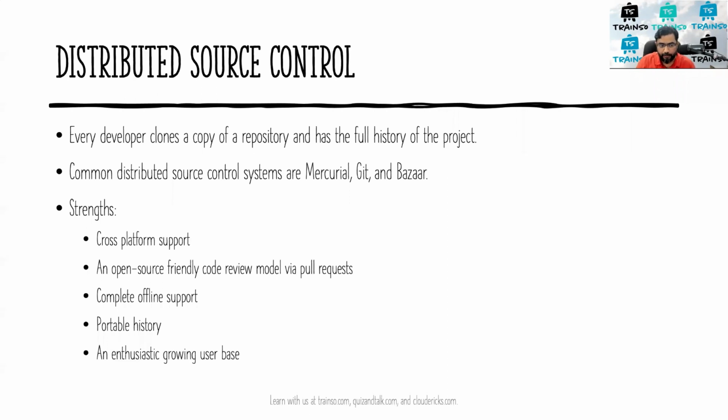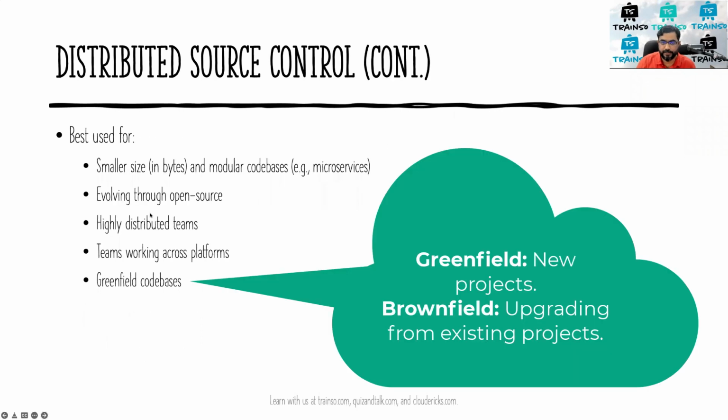You have a portable history, so the whole history is part of your local machine. An enthusiastic, growing user base is also there for distributed source control. It is best used for smaller size and modular code bases, evolving through open source, highly distributed teams, teams working across platforms, greenfield code bases.